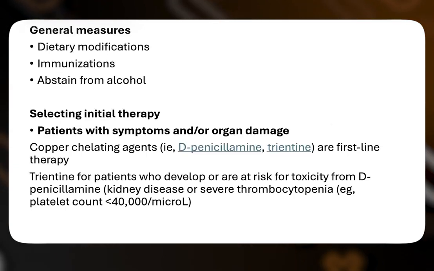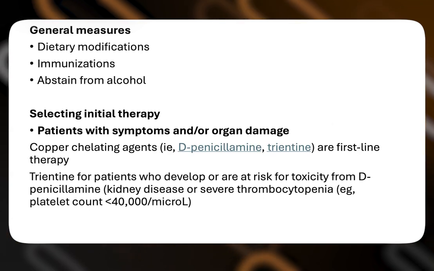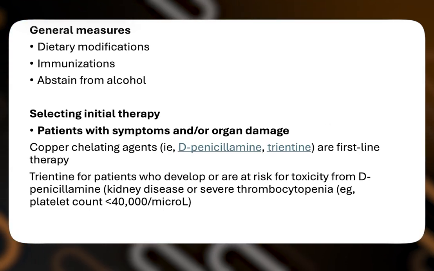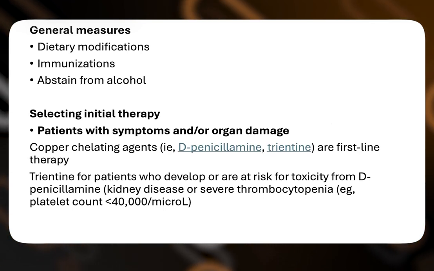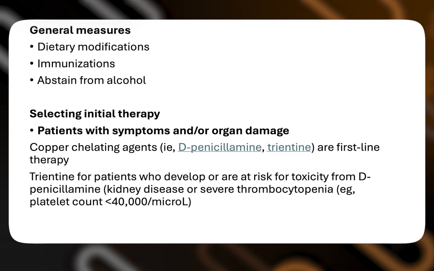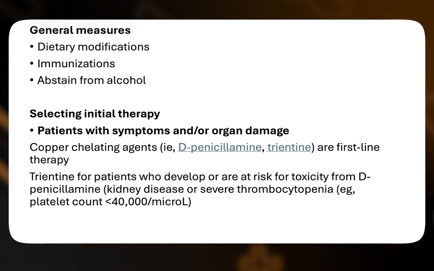General measures: you avoid excessive copper-containing foods like seafood and shellfish. Keep immunizations up to date. Of course, abstain from alcohol or any other drugs which are toxic to the liver.